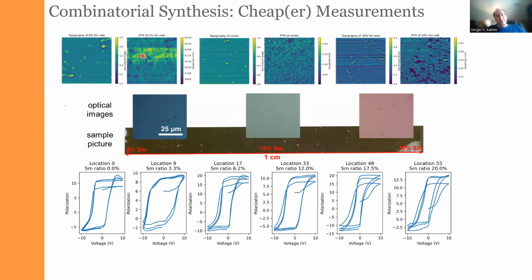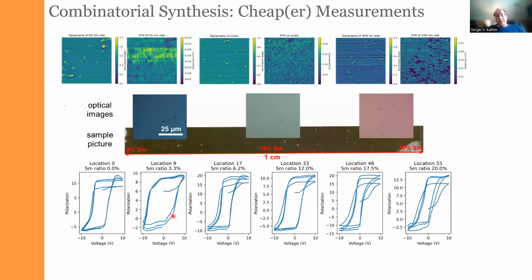And you can see that our piezo response signals change systematically going from one end of the combinatorial library to another end. On the one end, which is ferroelectric, I have beautiful domain patterns, as I should. In the center, I start to have weird branching domain patterns. That's where the morphotropic phase transition is going on. And on the other end, I have essentially non-ferroelectric material.